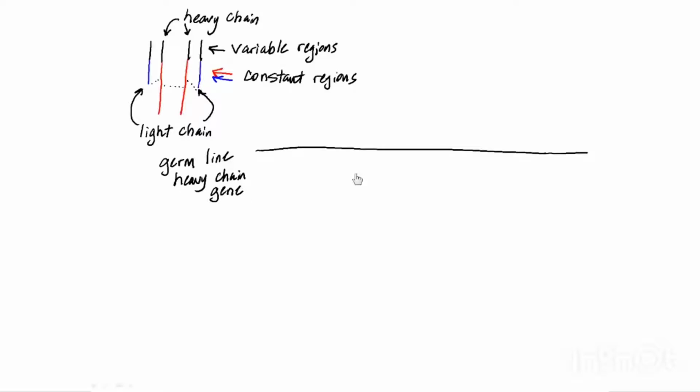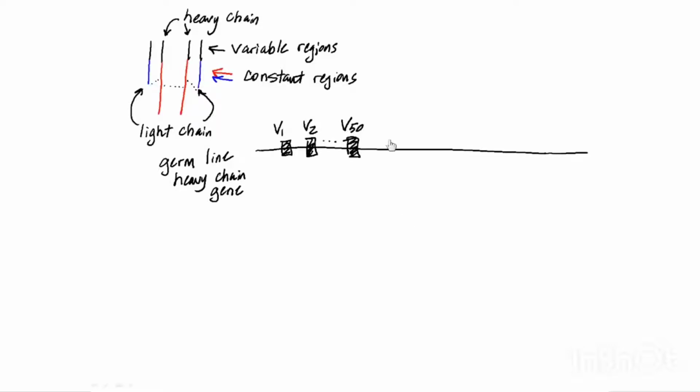And the germline heavy chain gene consists of a number of variable regions. I'm going to draw a few of them. Dot, dot, dot. Okay. And in the human, it turns out, every animal is somewhat different, but in the human, there are roughly 50 variable regions. Okay?